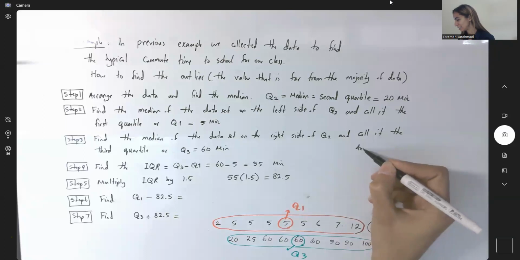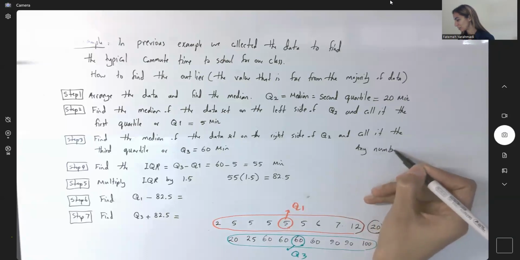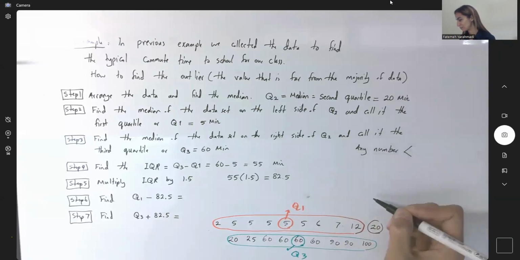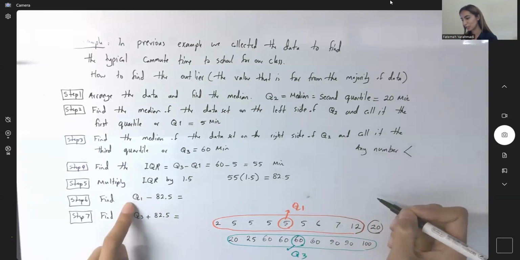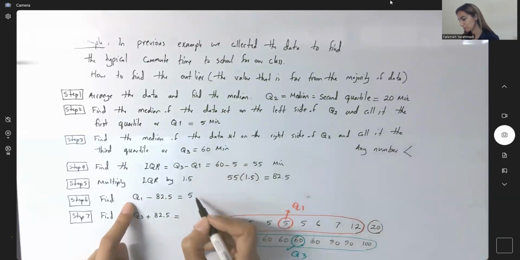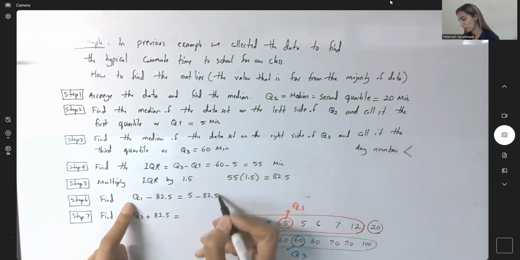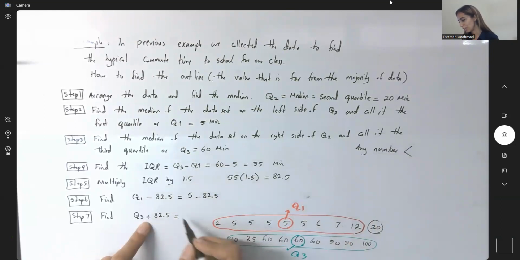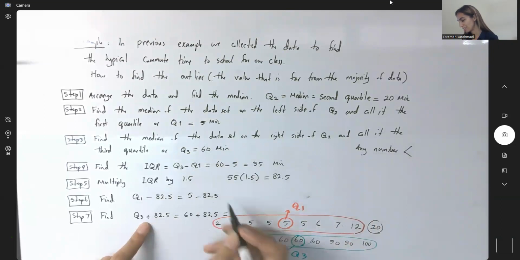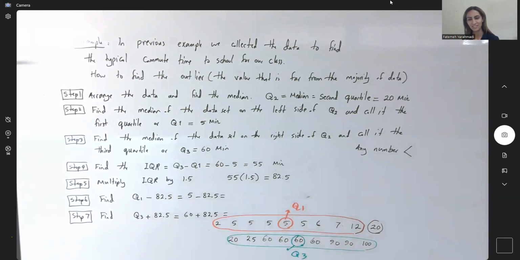So any number less than, calculate Q1, which is 5 minutes minus 82.5, and also calculate Q3, which is 60 minutes plus 82.5. We're waiting for your answers in the chat, everyone. 5 minus 82.5, you're going to expect to see a negative number.